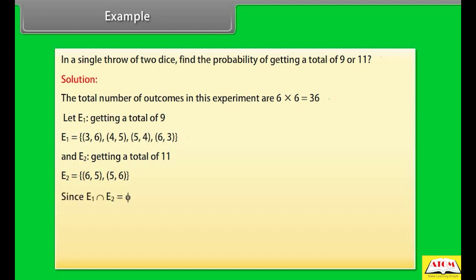Since E1 intersection E2 is empty, P(E1 union E2) = P(E1) + P(E2). P(a total of 9 or 11) = 4 by 36 + 2 by 36 = 1 by 6.